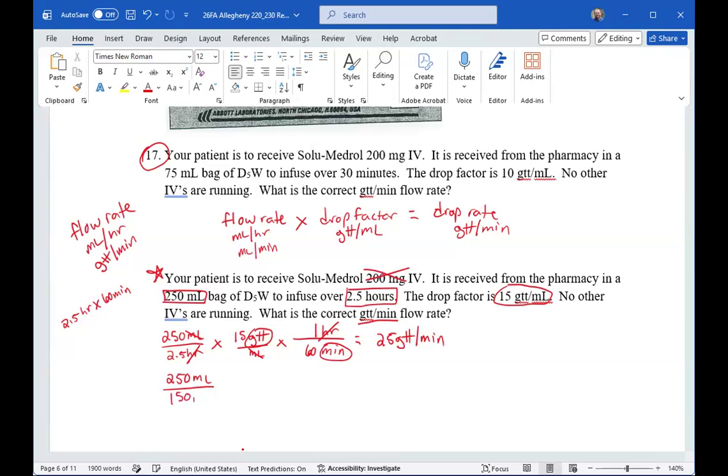What this does is it saves us a conversion factor. So I'm already in minutes, and then I just have to multiply by my drop factor. So we cross those out. I'm left with drops per minute, and then I get the same answer, 25 drops per minute. I just wanted to show you that there's two ways to go about answering that question, just so you know.